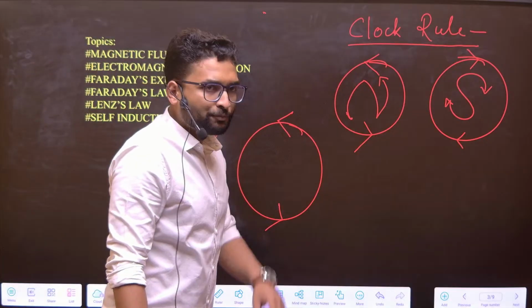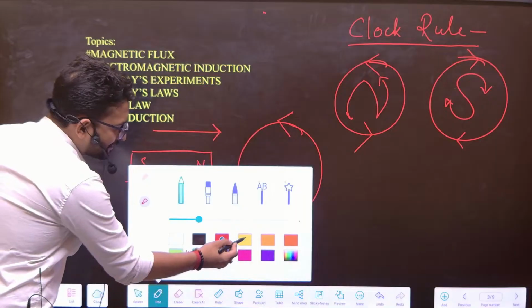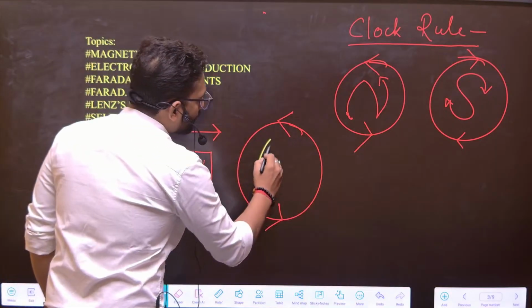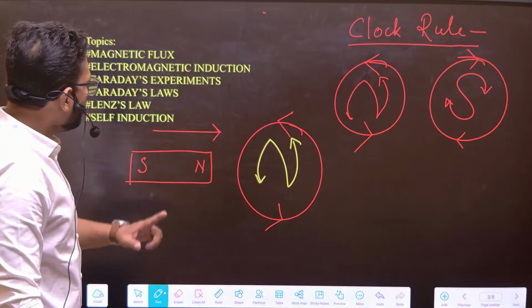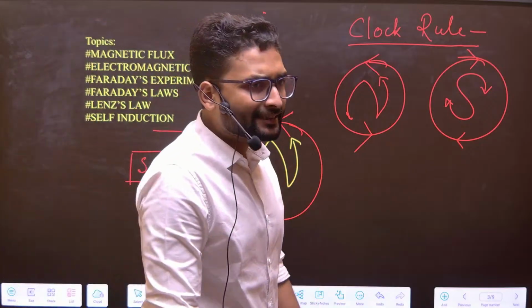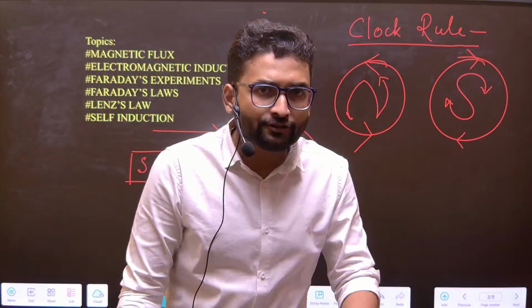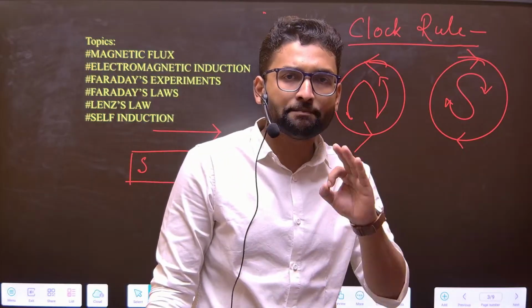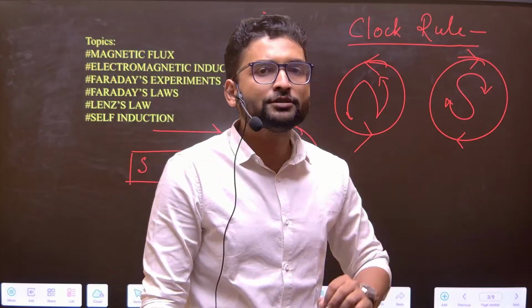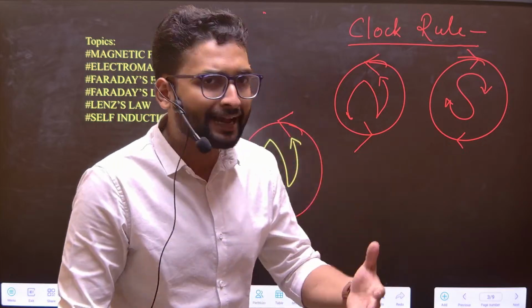Anti-clockwise means which polarity it will acquire? North polarity. So this face will acquire north polarity. Now go back to the definition of Lenz's law. It says that the direction of induced current is such that it opposes the change in magnetic flux responsible for its production.